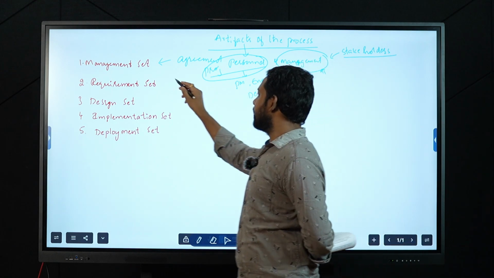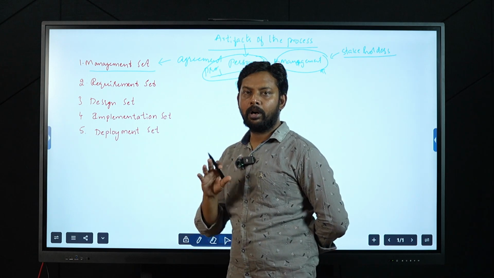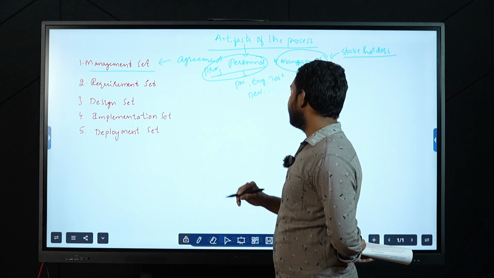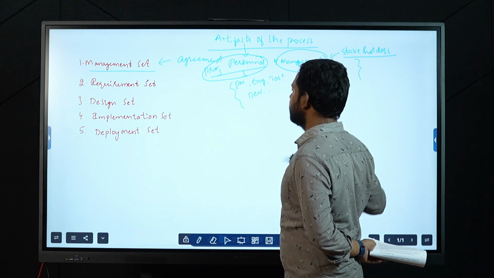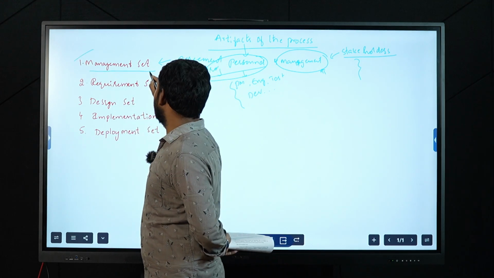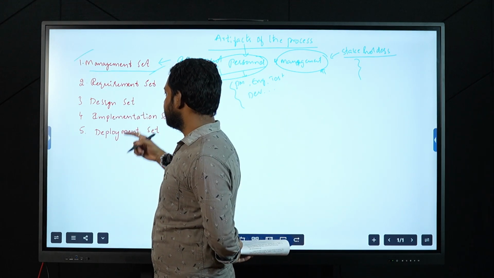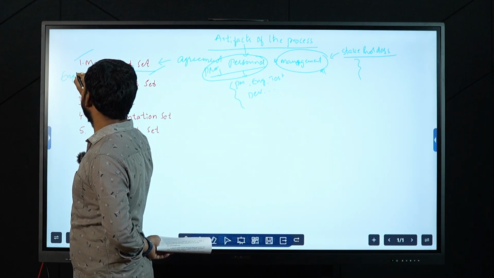So this management set is going to focus on all the interrelated information related to these people and these stakeholders. This is the very first set, and from the second set to the fifth set, all these fall under your engineering sets.